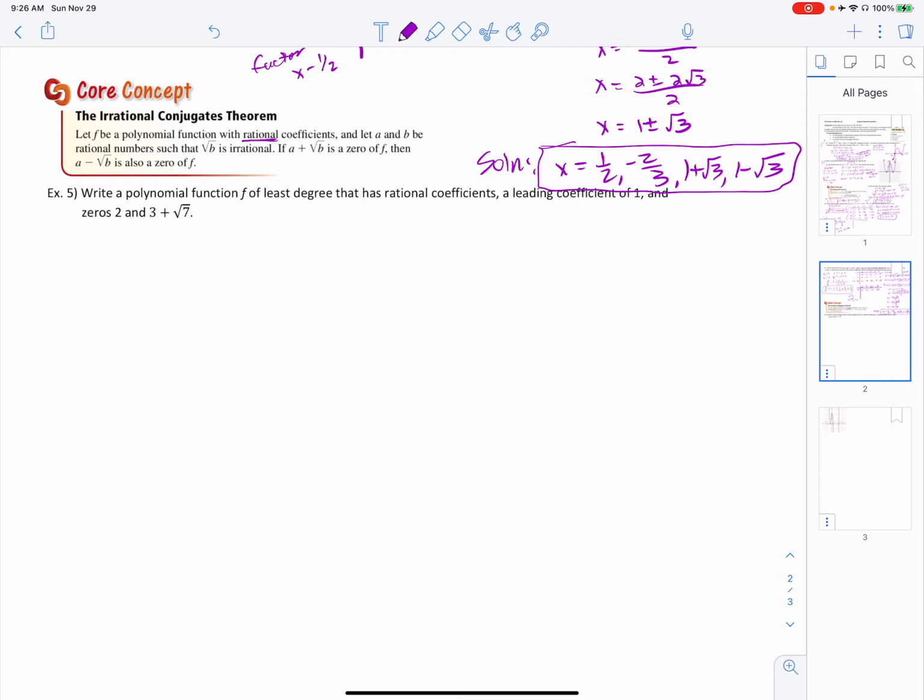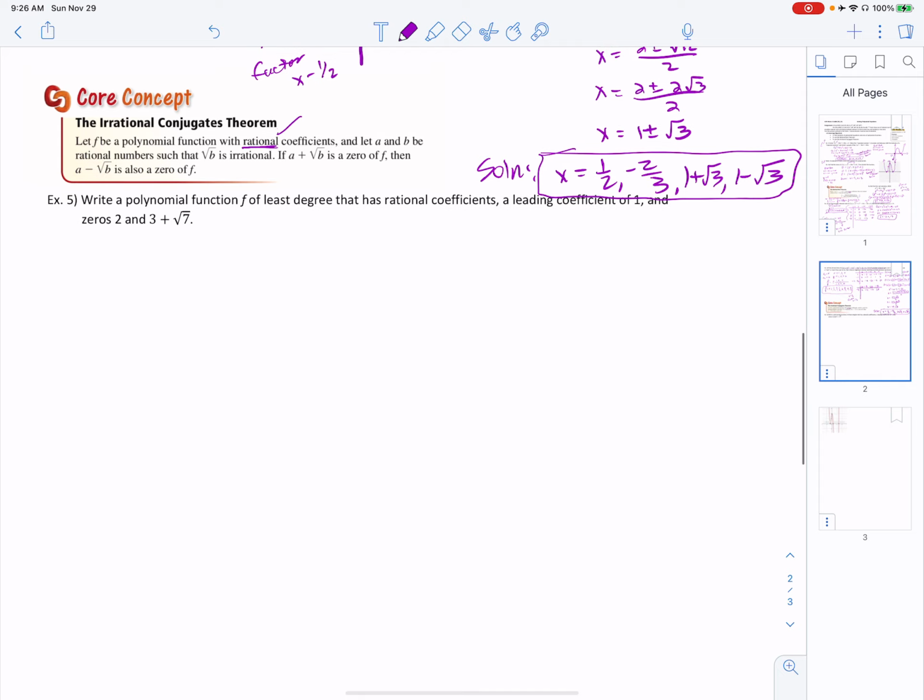Write a polynomial function of least degree that has rational coefficients, so that means this theorem applies. A leading coefficient of 1 just means it doesn't have some other vertical stretch to it, and zeros of 2 and 3 plus root 7.